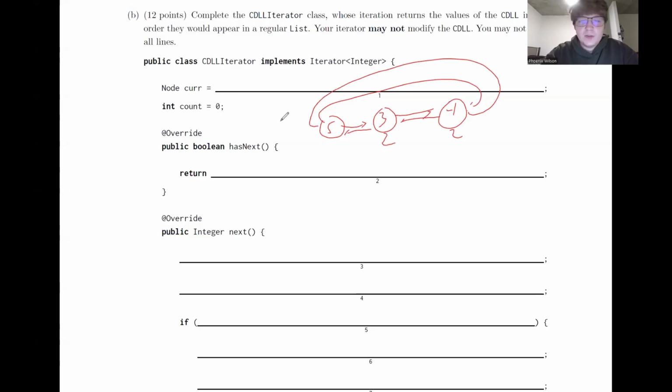This points back here. My hasNext method will tell me, say I'm at this node, if there's any remaining elements I can walk to, right?